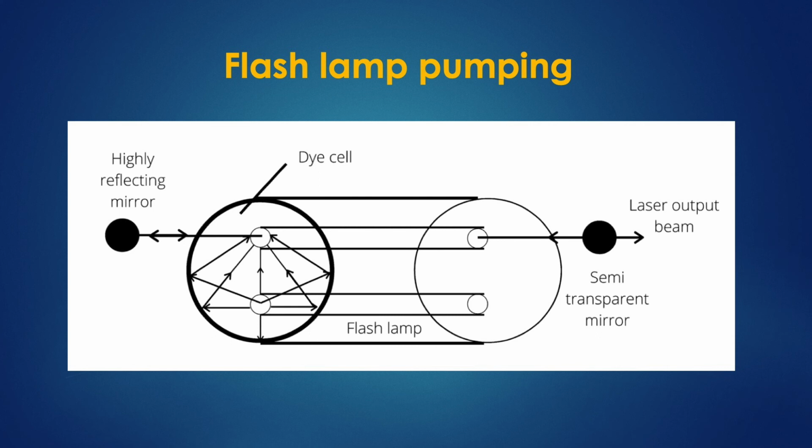That means fluorescence efficiency is 60%, 70%, and sometimes, in a proper environment, even 90%. Since such an efficient dye molecule emits efficiently, it has a high optical gain.